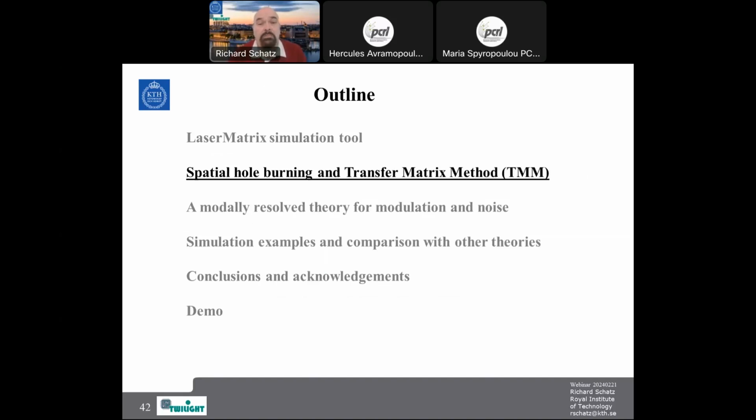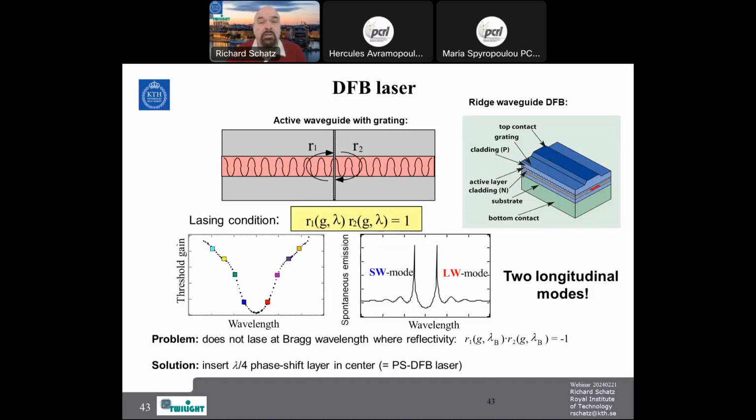Let's talk a little bit about what the transfer matrix method is, which is used, for instance, to simulate spatial hole burning. First, I want to explain what spatial hole burning is. If you have a DFB laser, an ordinary DFB laser without any phase shift, and you have anti-reflective coating on both the facets, then in an ideal DFB laser, it will in fact not lase at one wavelength, but it will lase at two wavelengths on either side of the Bragg peak of these gratings.